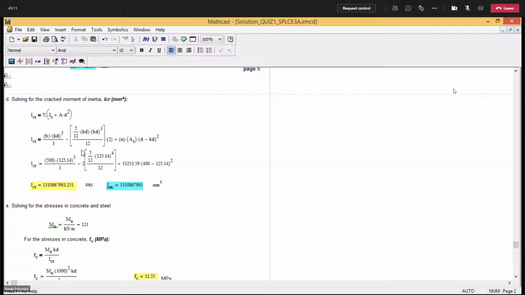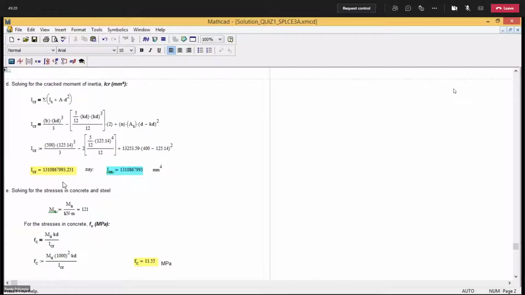So, diretso rin yun. And then, your equivalent steel, your transformed area of the steel. So, dun mo lang gagamitin yung transfer formula. So, substituting now, the result is, we have this. So, this is your ICR.